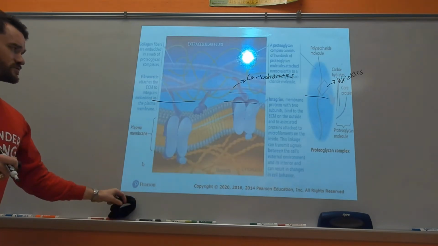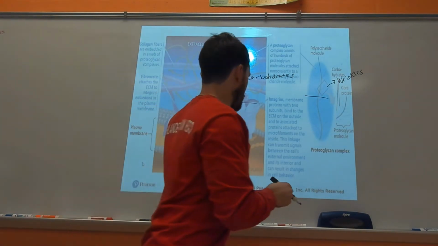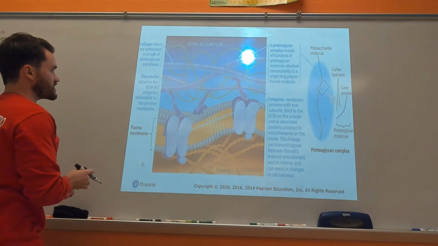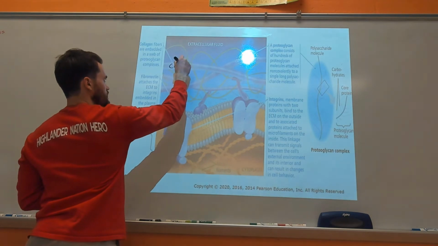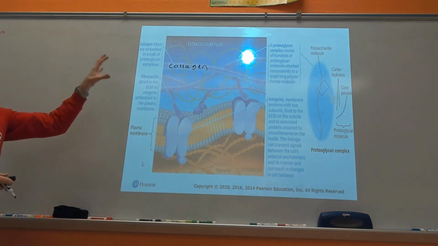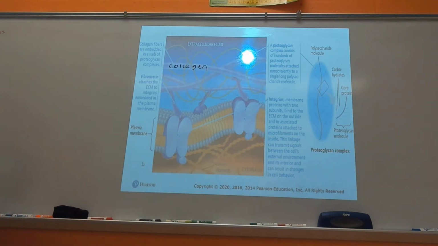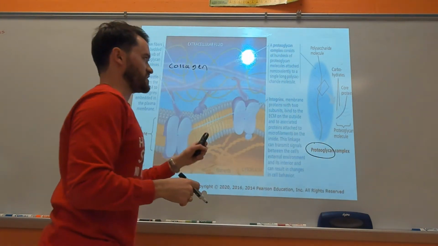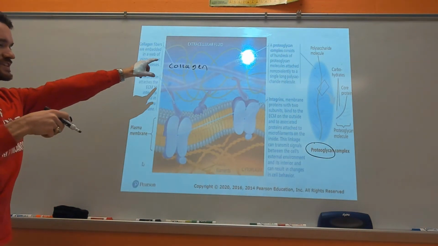Integrins, let me just hop to a picture to explain these other parts. So here's the collagen fiber. This super thick fiber is the collagen fiber, really the main part of your extracellular matrix. And then here's your proteoglycan. These glycoproteins make this up.